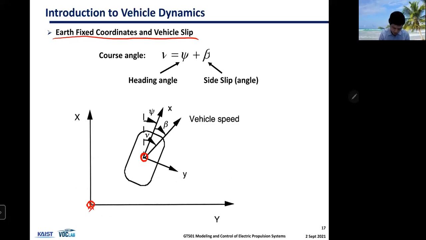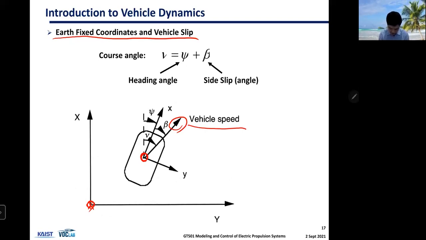And from Earth fixed point of view, we also need to define some more variables to describe vehicle motions, because let's say vehicle is traveling in this direction. This is the vehicle speed vector.